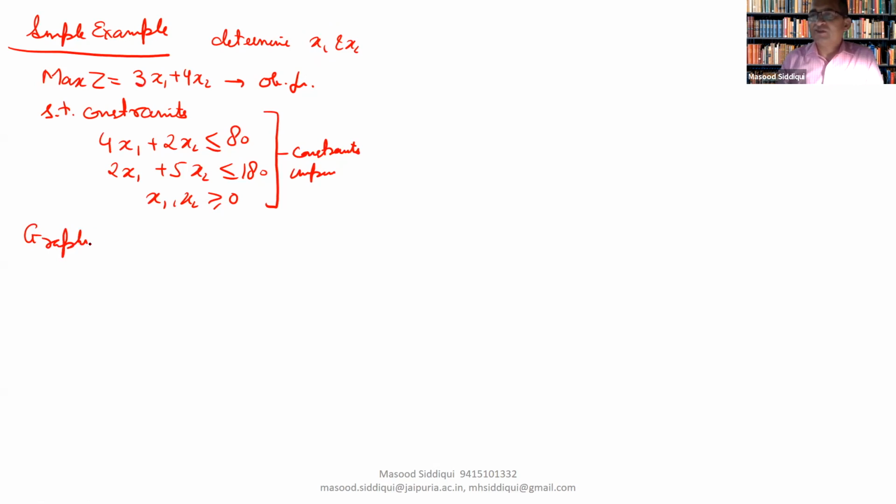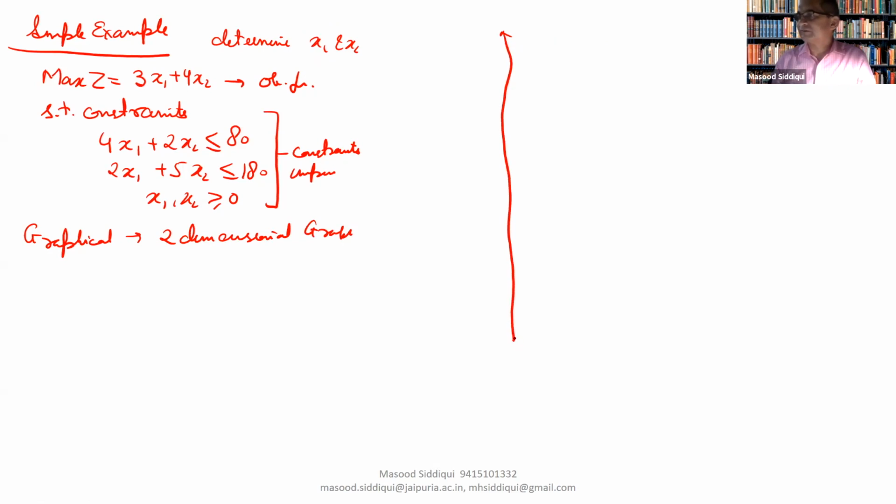We are using a two-dimensional graph here. We have variable x1 on the x-axis and another variable x2 on the y-axis.